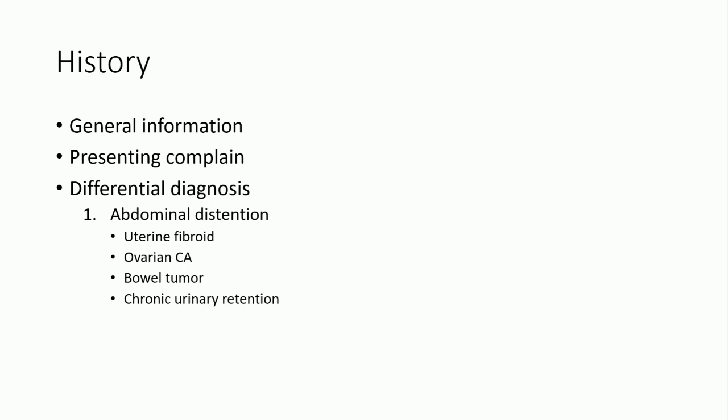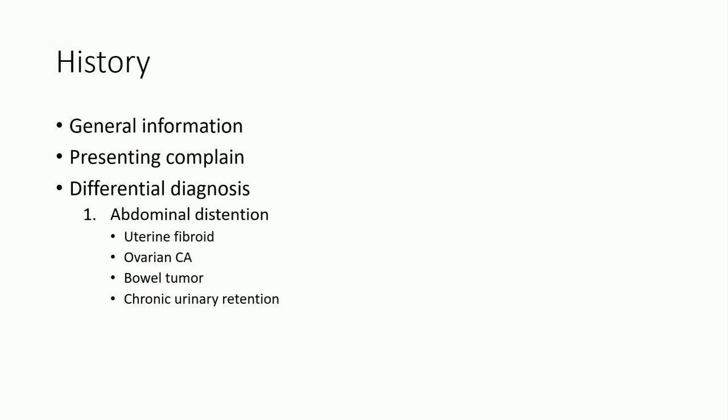So if you take abdominal distension, we know we have to go through some process to take the proper history. You have to exclude some differential diagnoses if you find abdominal distension as a presenting complaint. So I have mentioned some causes. What are the causes for abdominal distension? Ovarian cancer will be one, so that will be the diagnosis anyway.